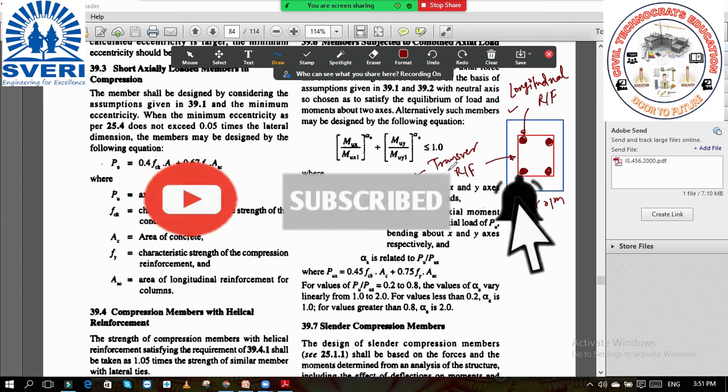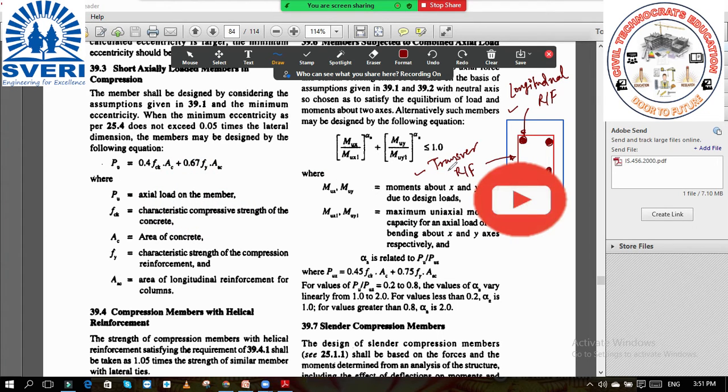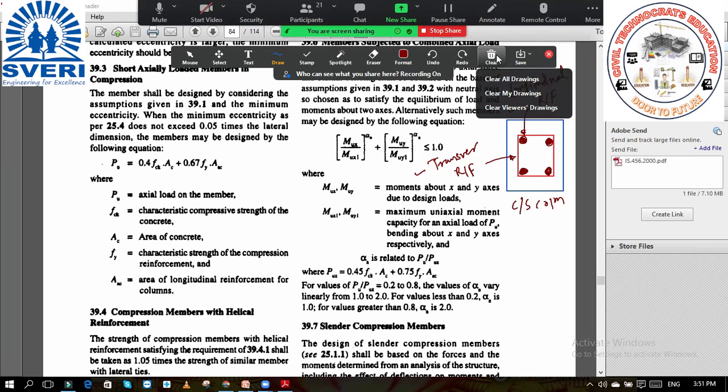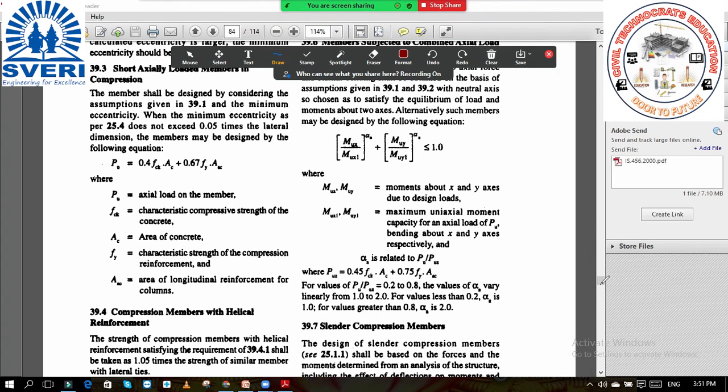So we will see those clauses right now. We will go for clause number 26.5.3.